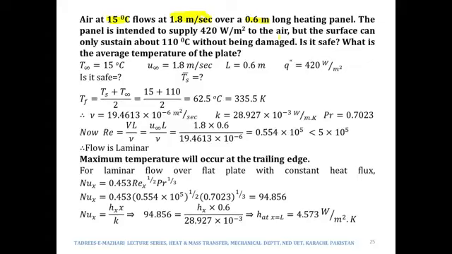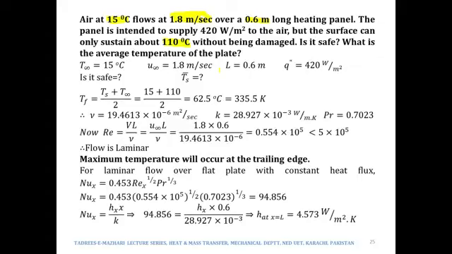But the surface can only sustain about 110 degrees Celsius without being damaged. So that heating panel would have some components such that one or more of those components cannot bear more than 110 degrees Celsius. Is it safe?